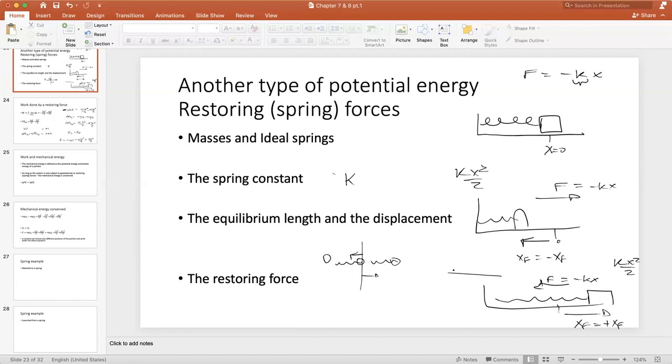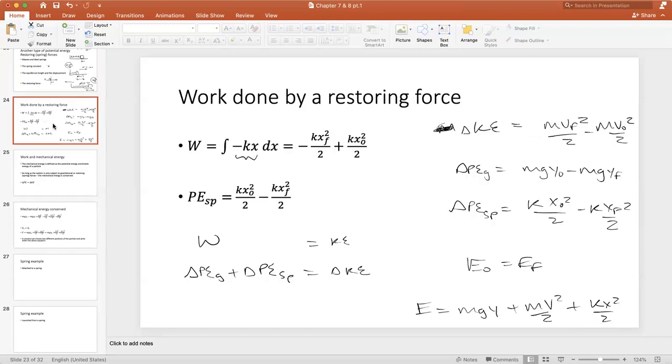It would go flying this way, and this potential energy would turn into kinetic energy headed to the left. If you let it go here, that potential energy would turn into kinetic energy headed right. And in fact, as it goes back and forth, its potential energy becomes kinetic energy, becomes potential.